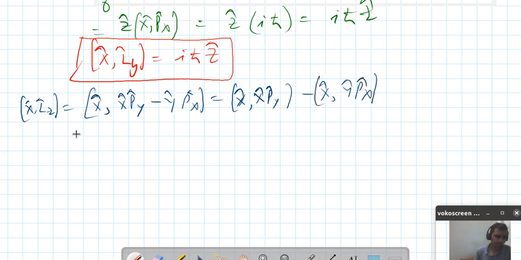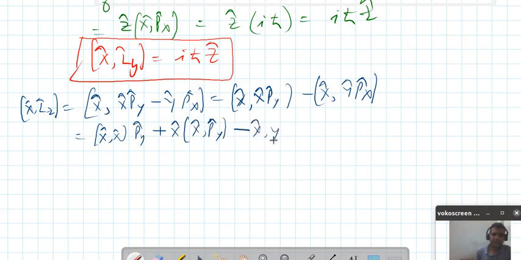So let me go to it. So it is [x,x] py plus x [x,py] minus [x,y] px minus y [x,px].